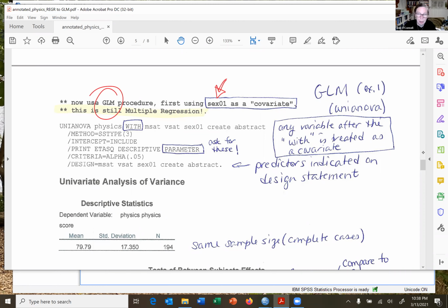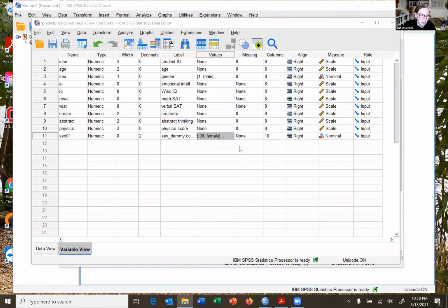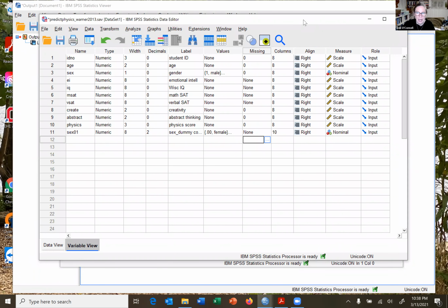So you do have options as to how to include a categorical variable in the GLM procedure. But in this first example, I'm just going to include it as a covariate so we can match up the results from the GLM model to the regression results. I do want to take a minute to walk you through how we would set up that GLM model using the menus. And then, of course, you can edit the syntax as you see fit.